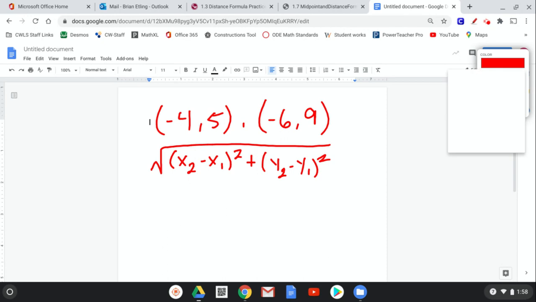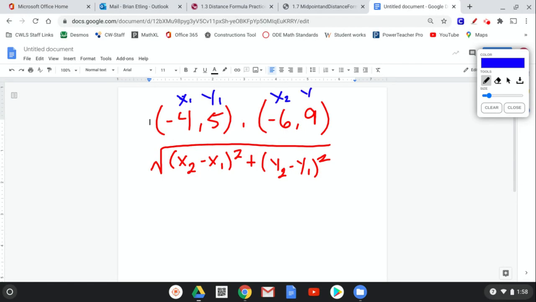Now, we are going to plug in our values for x2 and x1. So this is where you can label your points if you want to as x1, y1, x2, y2, and then plug those in. So we put them in here, and so it's going to be -6 minus a -4.